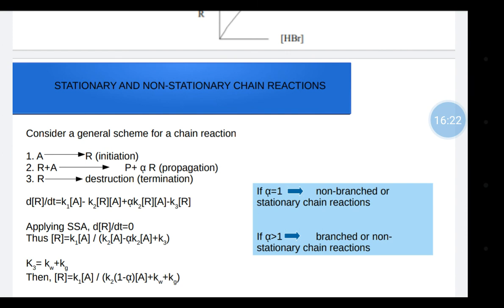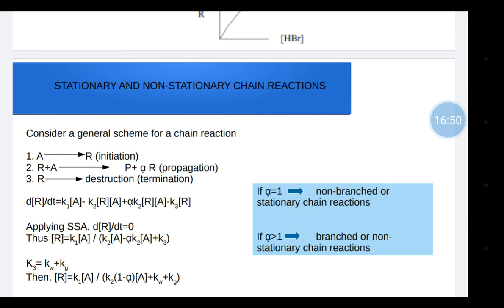In these steps, A is the reactant, R is the reactive chain carrier, P is the product, and alpha is the number of chain carriers produced by the chain carrier in the propagation step. Now, the destruction of the chain carrier may be either due to collision with the walls of the vessel or with other molecules in the gaseous phase.